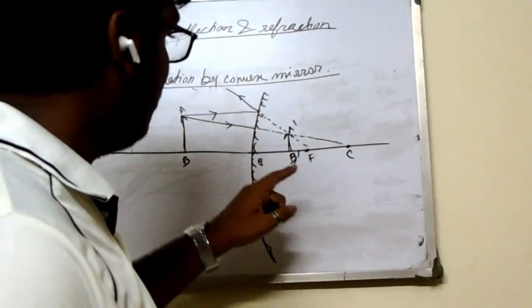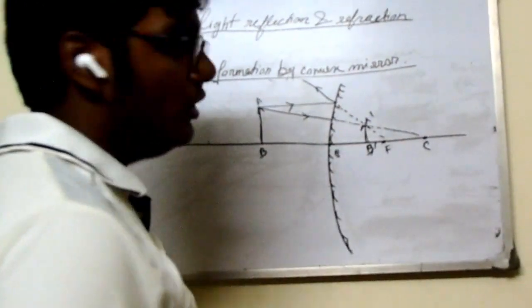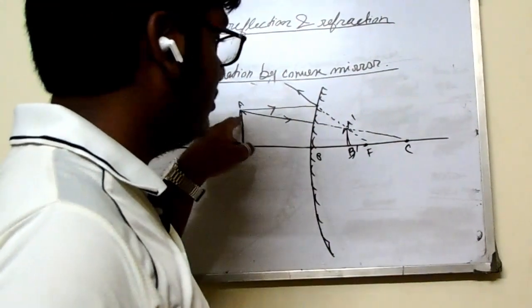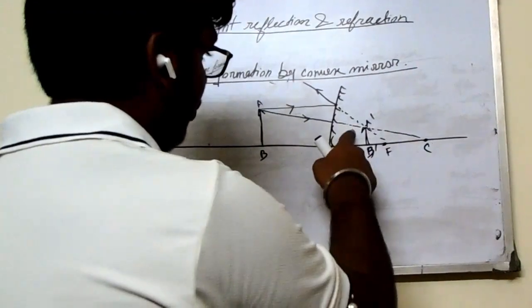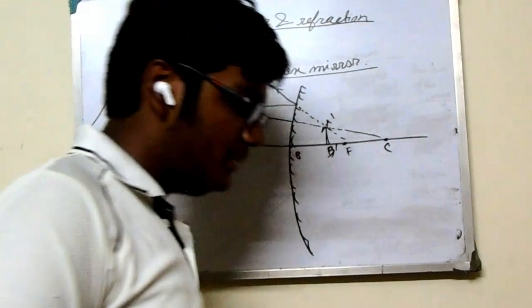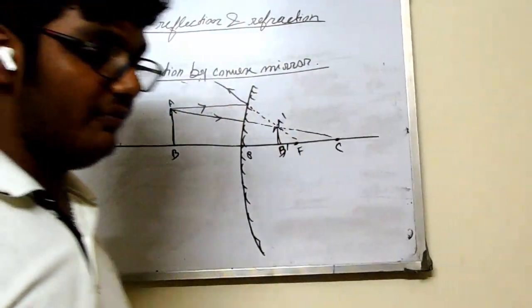So the position of the image is between P and F. Size of the image: diminished, not highly diminished but diminished, a little smaller than the object size. And the nature of the image: virtual and erect. I hope this is clear to you, image formation by both mirrors, concave and convex.